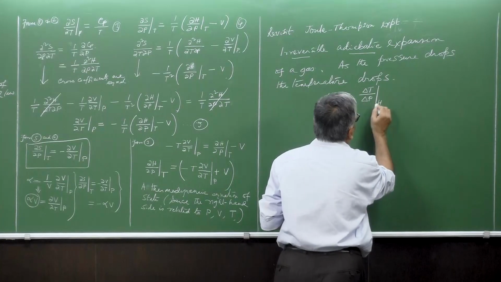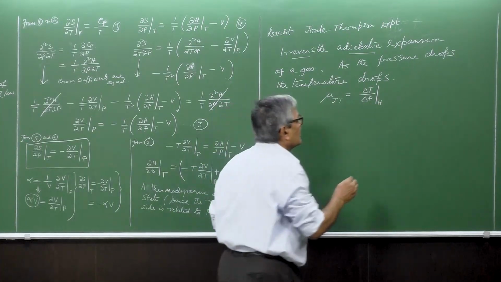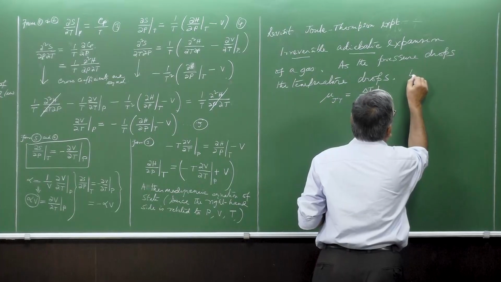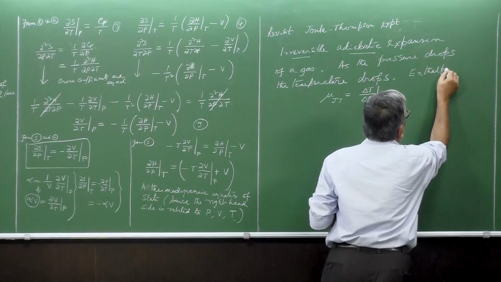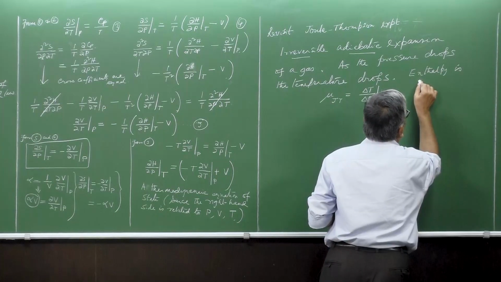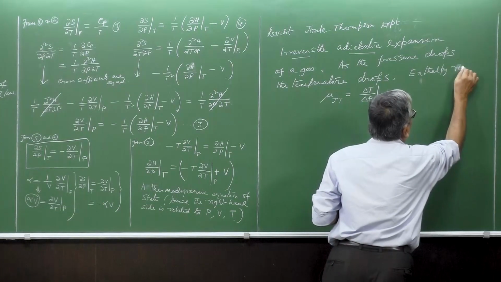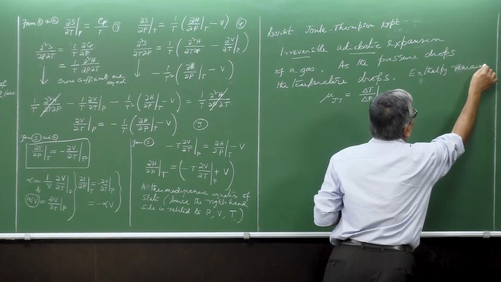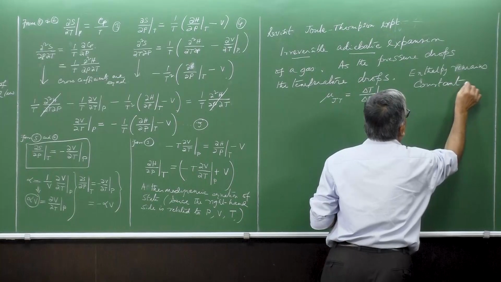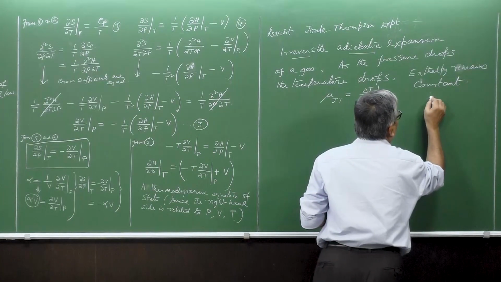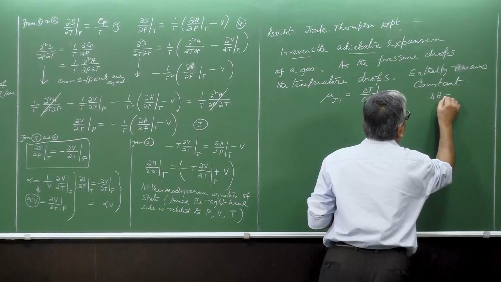It means its enthalpy is constant for the process. So ΔH is equal to 0.